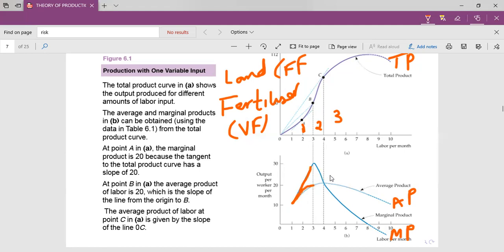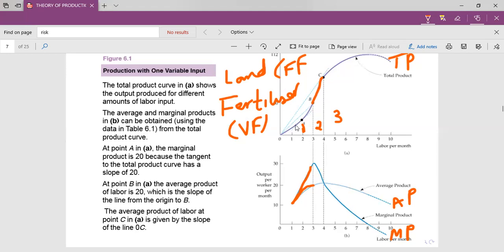Then in stage 2, as you continue to add more fertilizers to that piece of land, output will continue to increase, it will be positive, but it will be increasing at a decreasing rate, right?